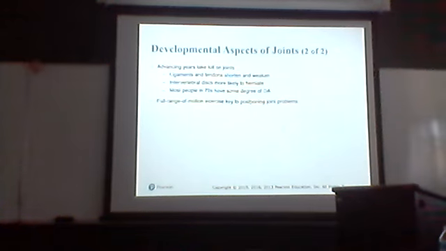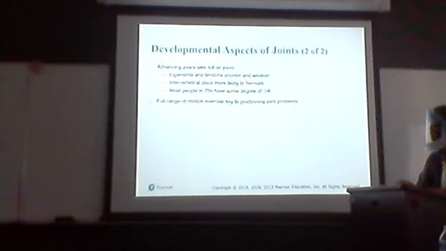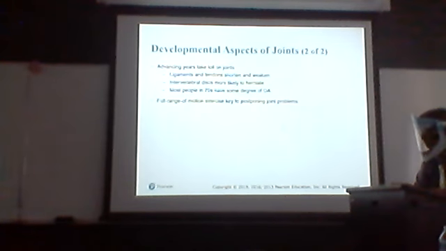And the older you are, the more affected the joints are. Ligaments and tendons get shorter, get weaker. Your intervertebral discs are more likely to herniate. If you're over 75, you probably have some amount of osteoarthritis.